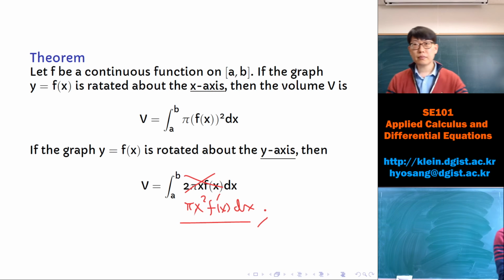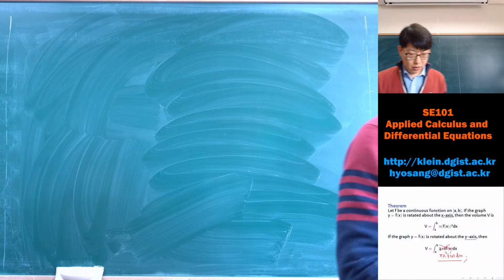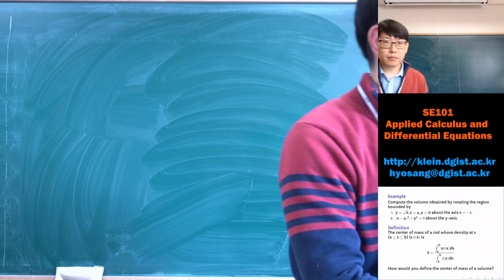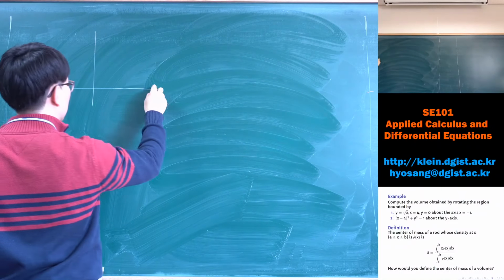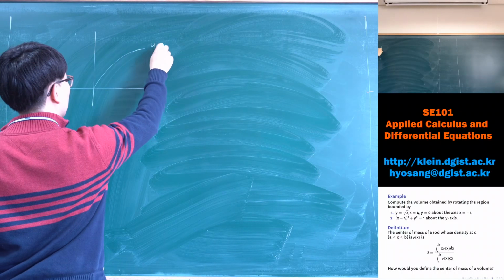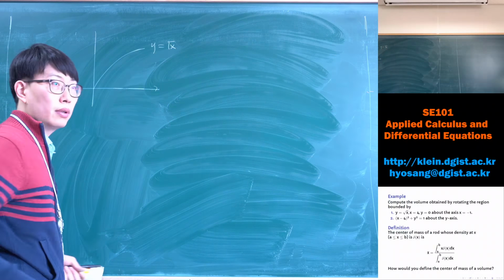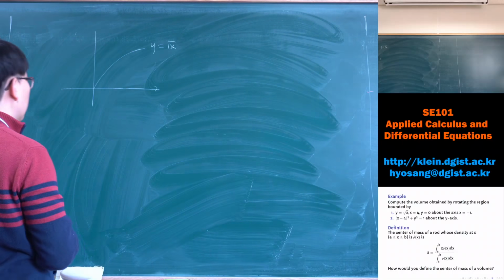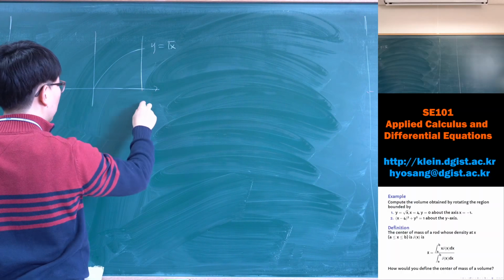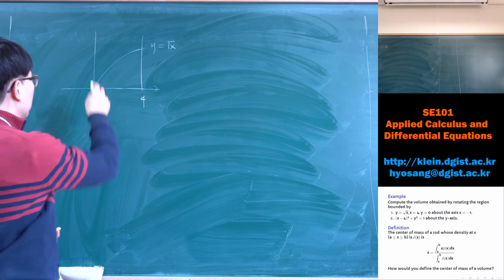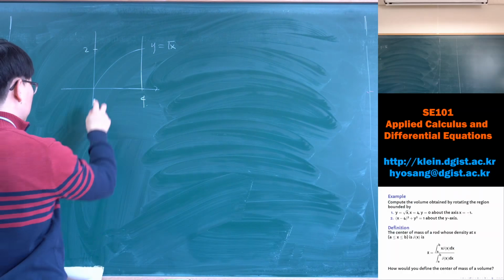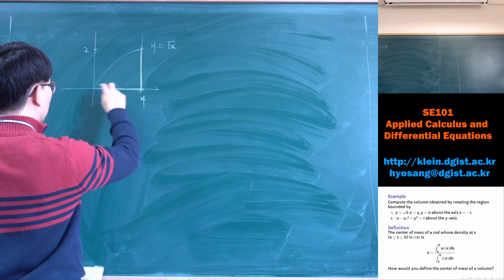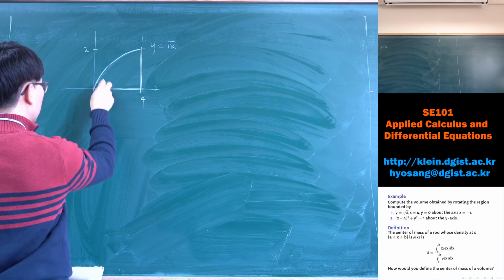Okay. So let me graph this function. This is y equals square root of x, bounded from x equals 4, and in that case y equals 2, and y equals 0. So bounded by 3 curves, these curves. Okay.